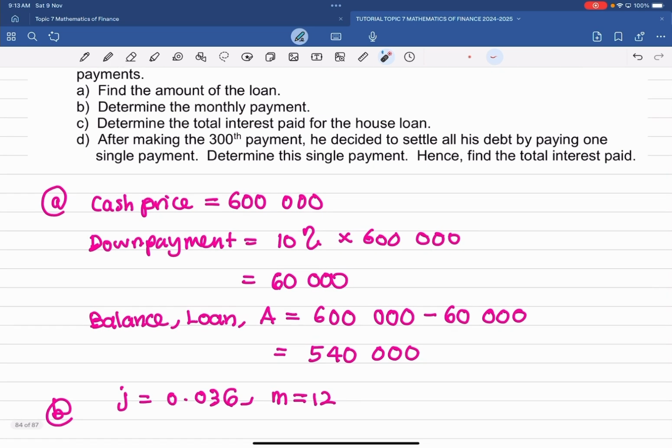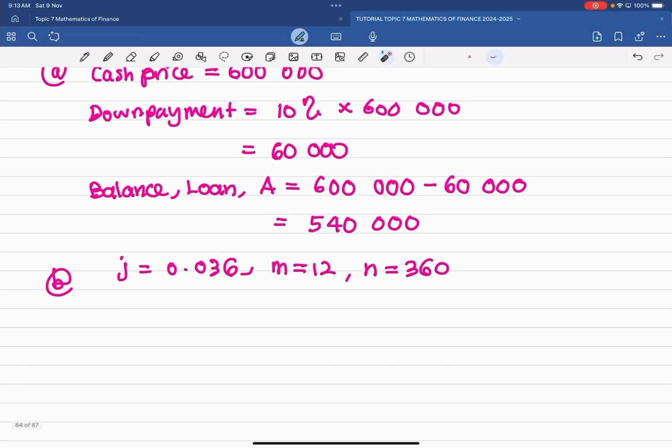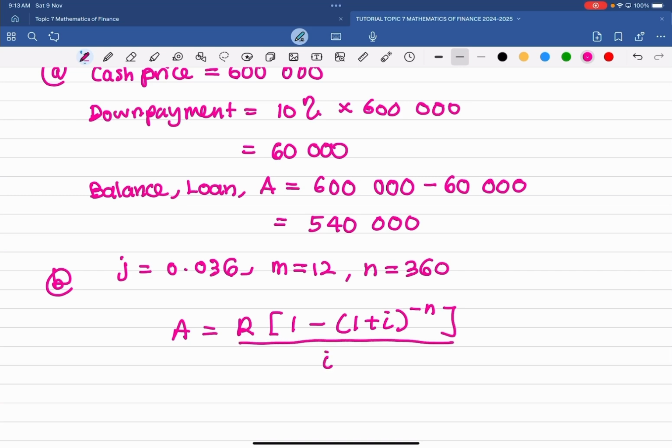What does it mean by 360? That is our N. So we do not need T. If we want to find T, just divide by 12. So put into the present value annuity formula: 1 minus (1 + i) to the power of negative n. Do not use the wrong formula.